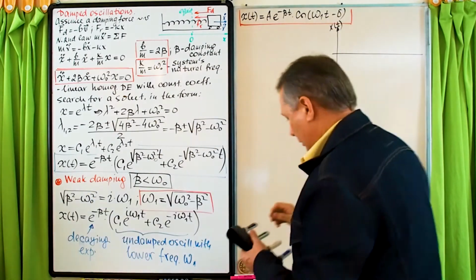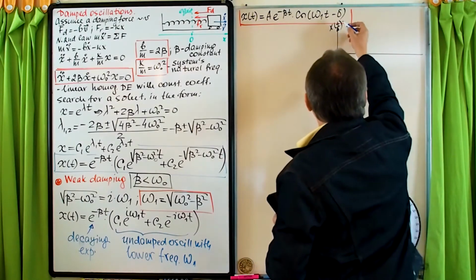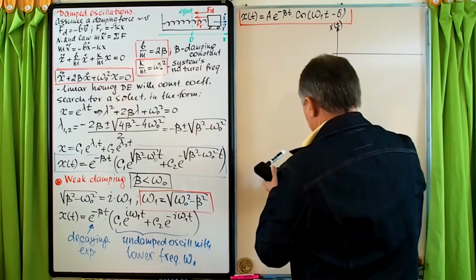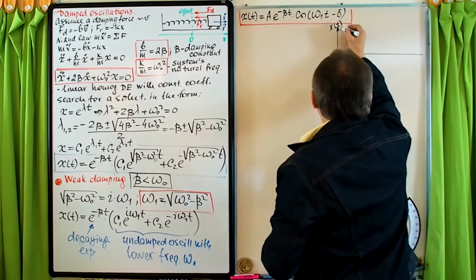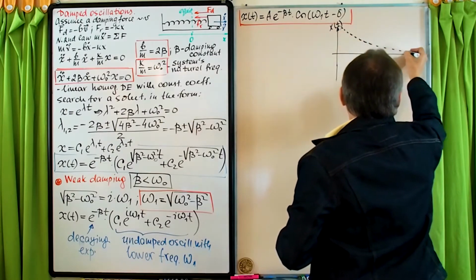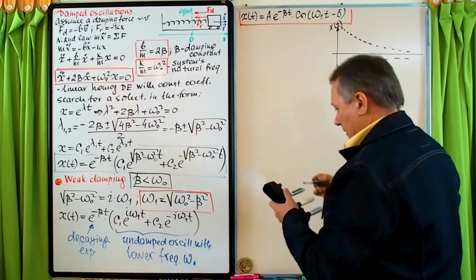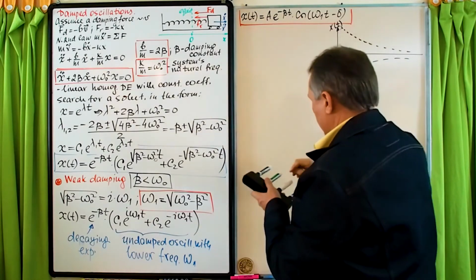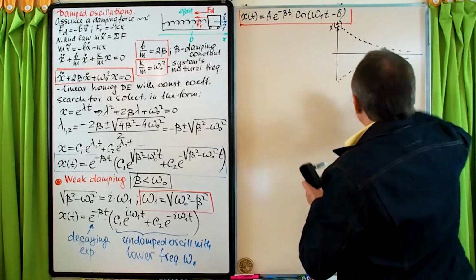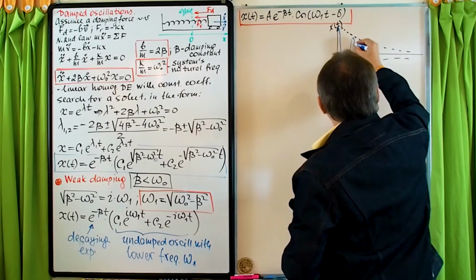So let me first draw this modulation, something like this, and then our cosine function. It's a cosine, so of course it starts from the maximum.